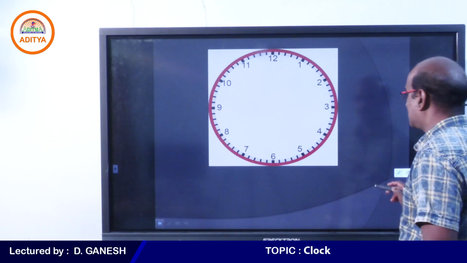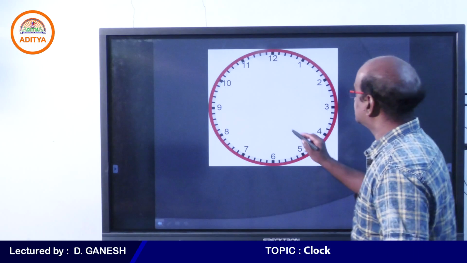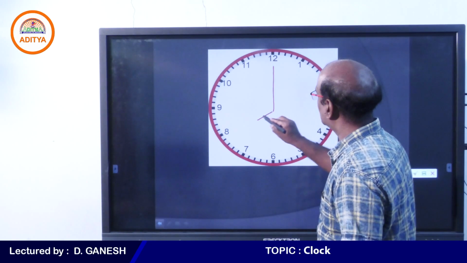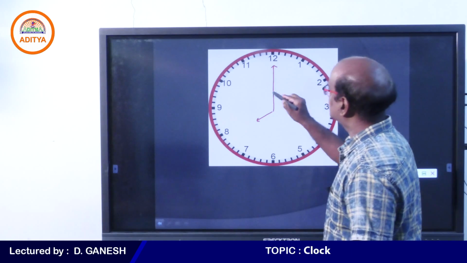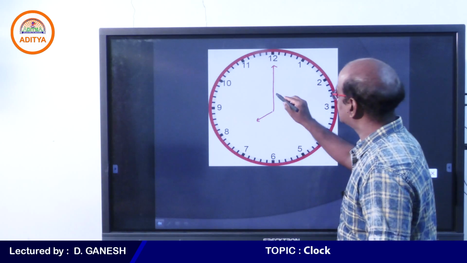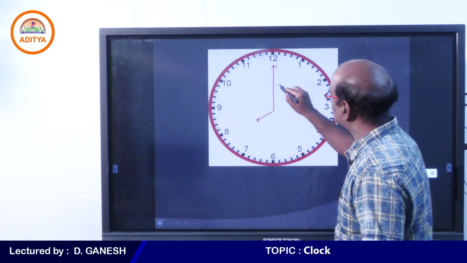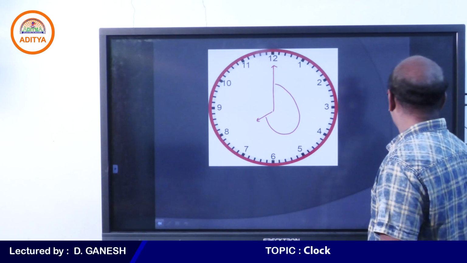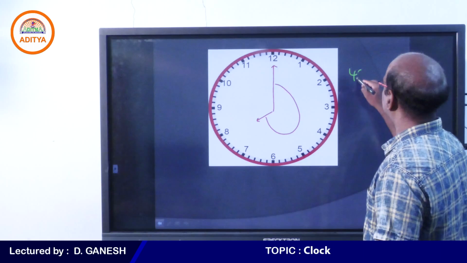Let us assume that now the time is 8 o'clock. So when the time is 8 o'clock, we can see that the gap between the hands is 40 divisions.